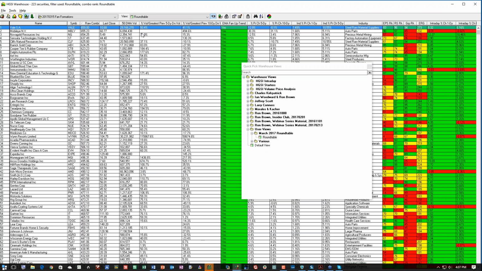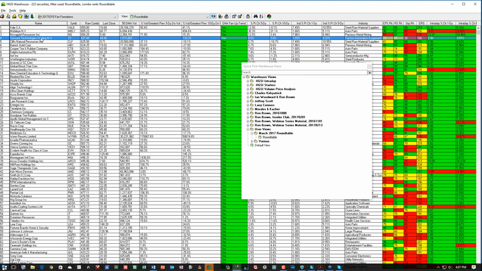You can see on Vale that it generated signals on both the 5 and the 10-day pocket pivot. Here is one, Sensata Technologies. It generated a pocket pivot on the 10-day, but not the 5-day.